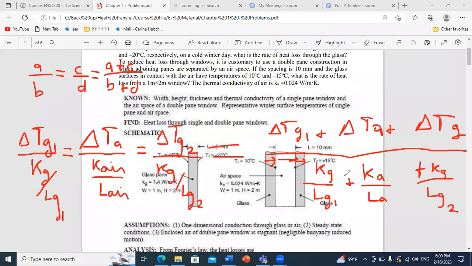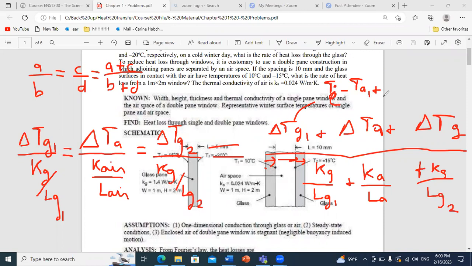Look why. Because here, if you replace delta T G1, what is delta T G1? It's T inner minus T air 1, plus, what is delta T in air?